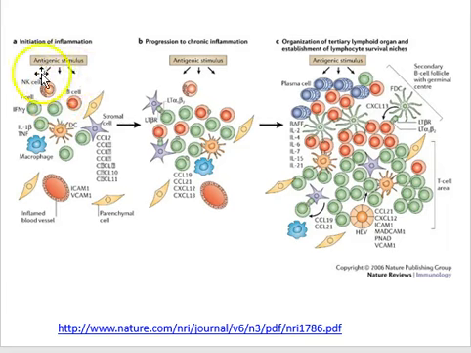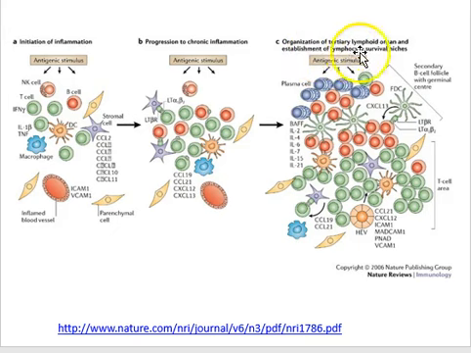And at some point, this progresses to chronic inflammation if the underlying cause of the inflammatory event is not removed or attenuated by the body. And so as this progresses, you can see more and more immune cells become recruited. And here you see an actual dramatic immune reaction.